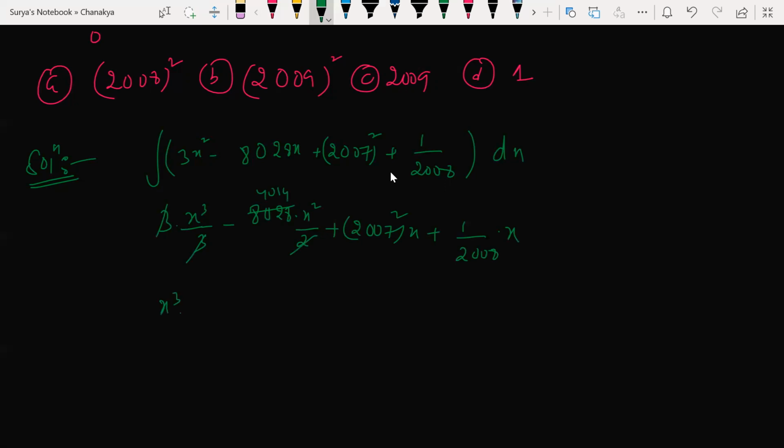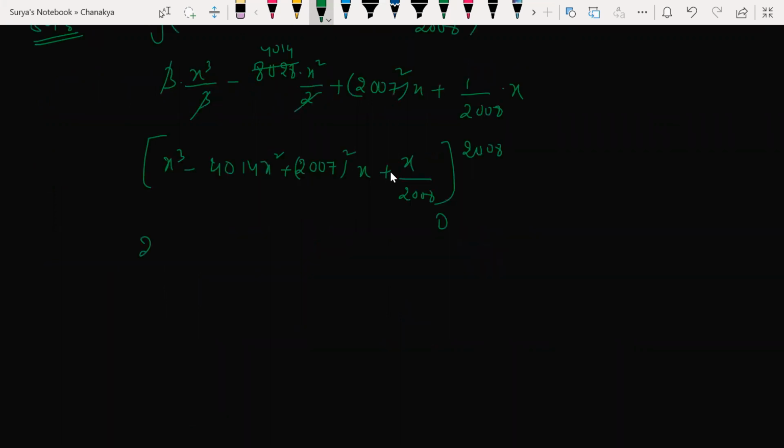So x cube minus 4014 x square plus 2007 whole square into x plus x by 2008. Correct? Yes. And now you write limits. Limits are from 0 to 2008.